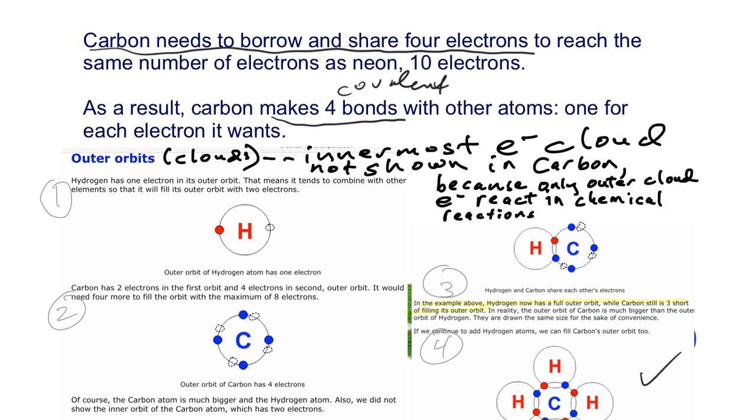If it was oxygen, you can hook 2 things, but carbon, you can hook 4 different atoms covalently to it. And that gives a lot of variety, a lot of choices for different molecules that a living thing needs.